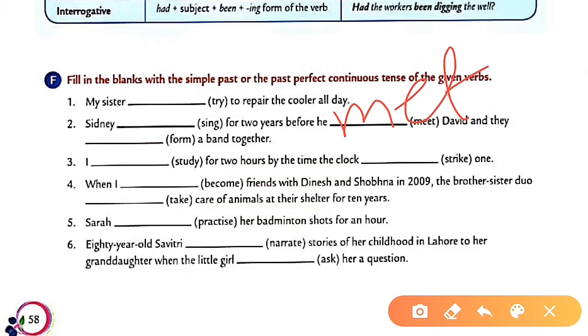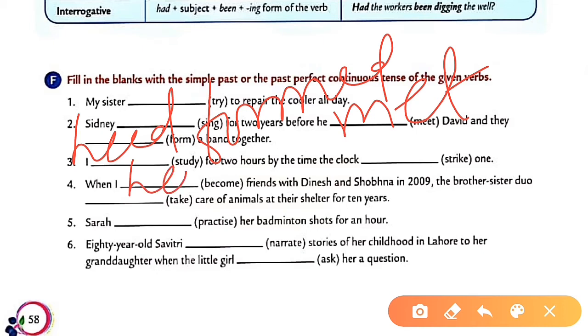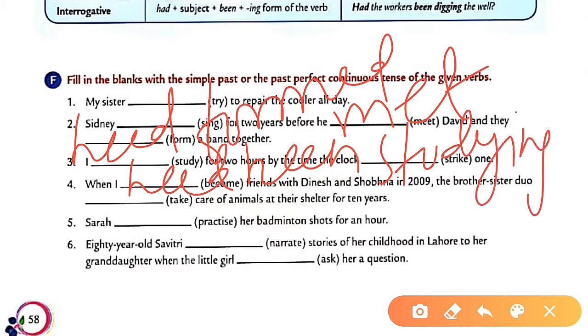David and they had formed a band together. Number third, I had been studying for 2 hours by the time the clock struck one.